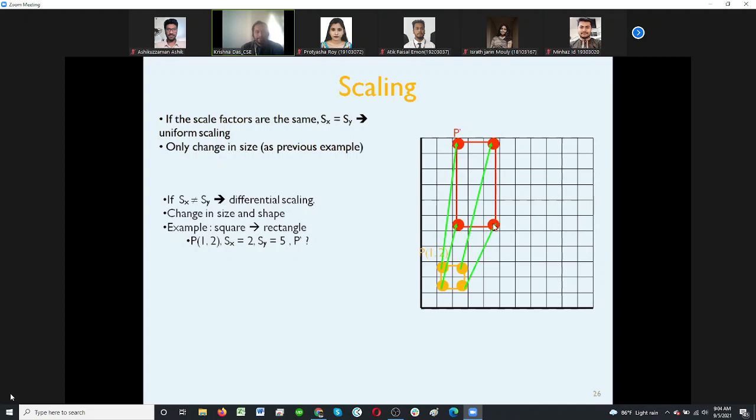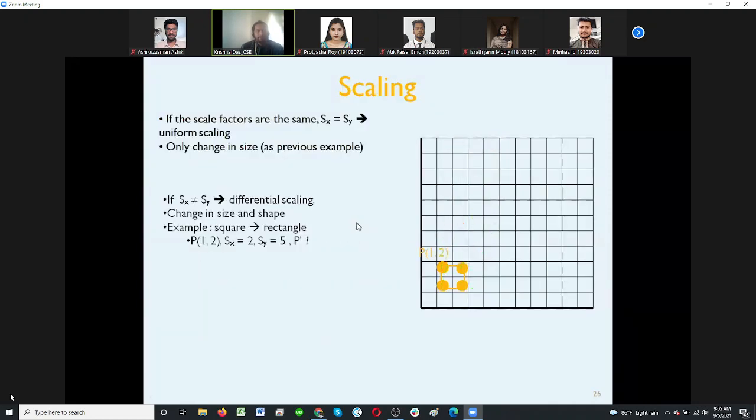It is a rectangle, with different edge lengths, and it only happens, as you can see, for differential scaling values, as the scale factors are changed. So this is how differential scaling and uniform scaling are different. This is important to understand, mostly for your viva exam.